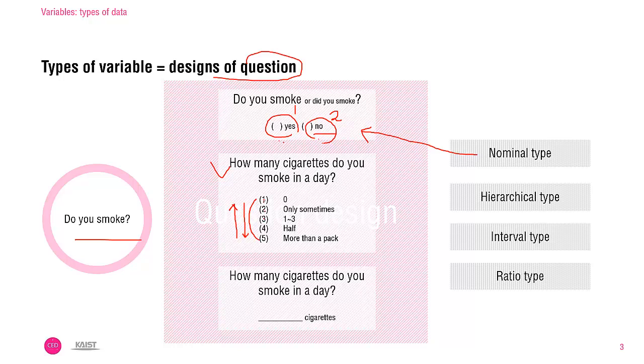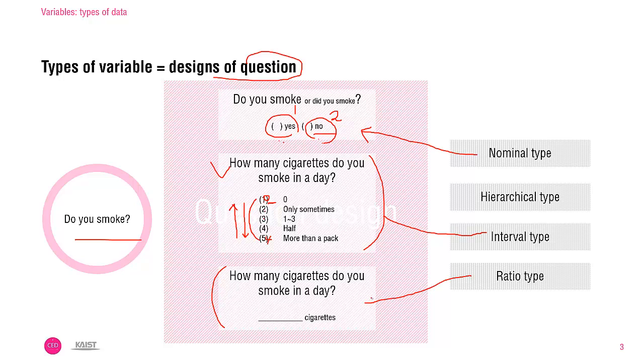You can code from 0 to 4 instead of 1 to 5, but the 0 here has no meaning of a natural zero. And if you have designed the question in this way, then you have chosen the interval type for the variable. And the last type is the ratio type.